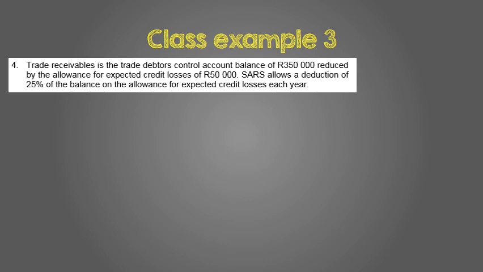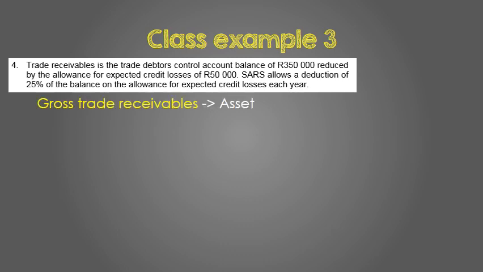Therefore, this balance for trade receivables actually consists of two amounts, a debit and a credit. And we will have to look at the tax base for each of these balances separately. We also see that the South African Revenue Services allows a deduction of 25% of the balance on the allowance for expected credit losses each year.